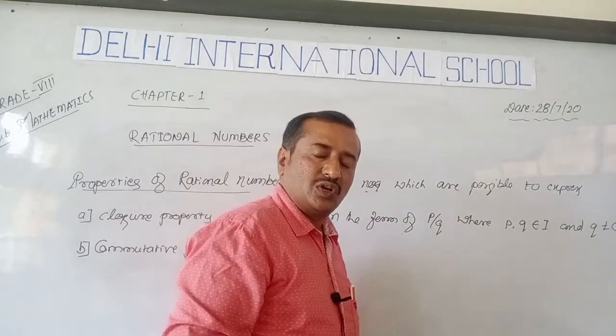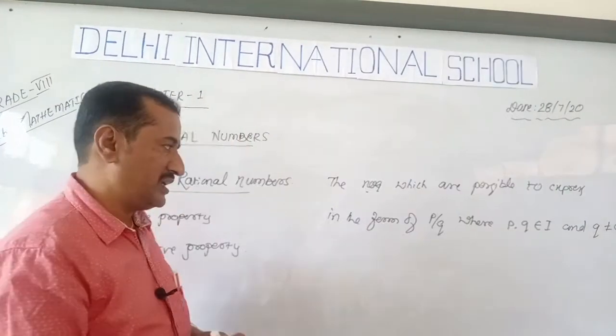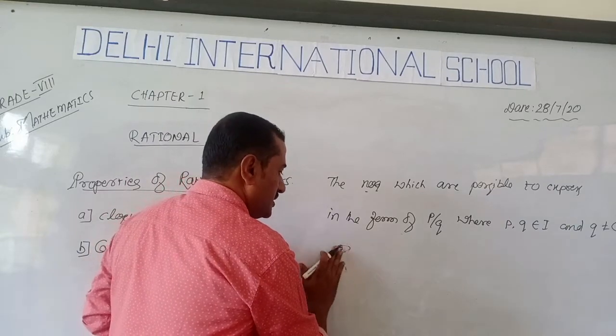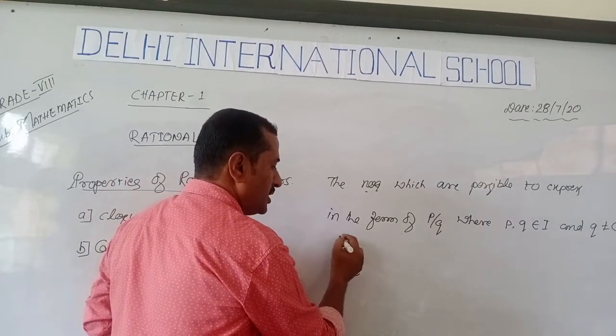Such types of numbers are called rational numbers. Usually rational numbers are denoted by Q.